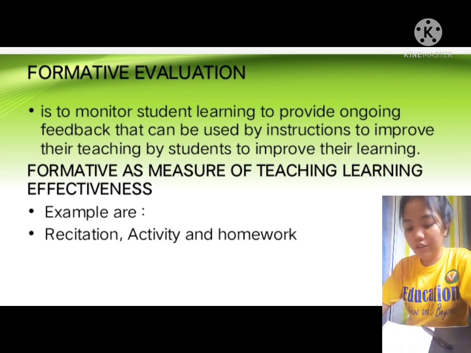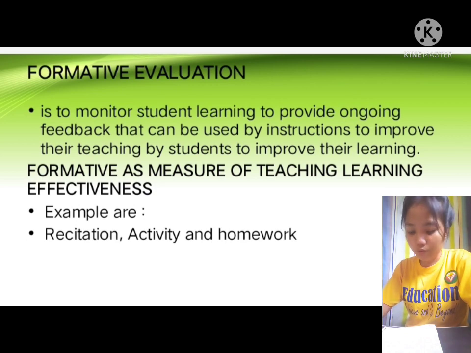So, formative evaluation is non-graded because you are forming. You are in the process of helping the students to learn something. We are trying to know whether the students learned what we have taught. Ito yung kailangan mong i-assess yung students kung may natutunan ba siya. Like for example, yung nagpa-recitation ka during your discussions.